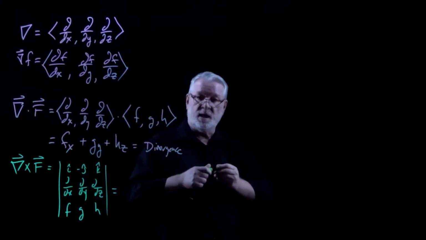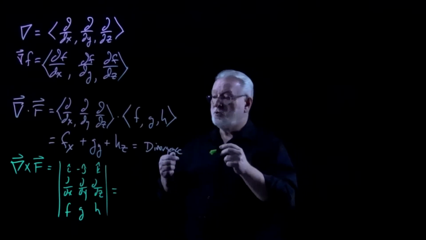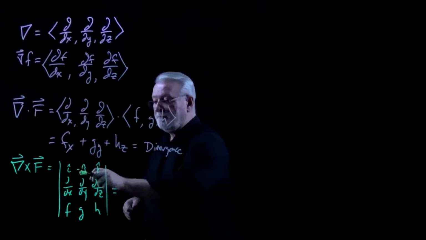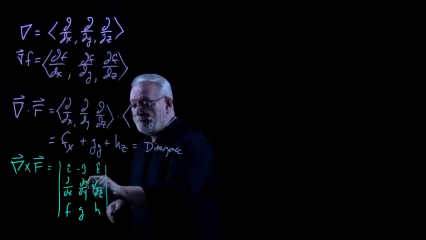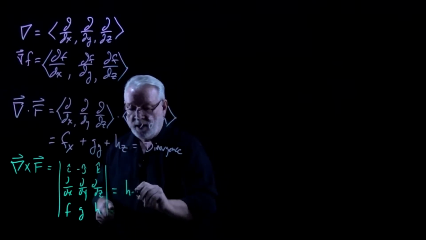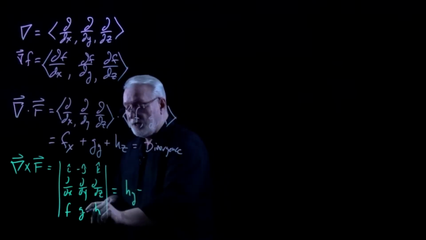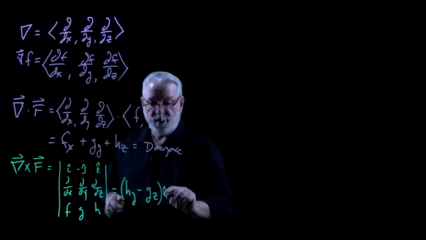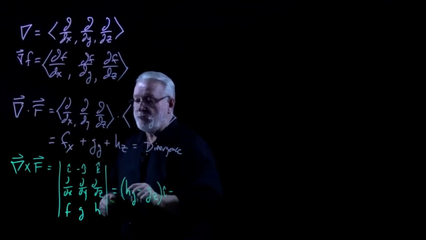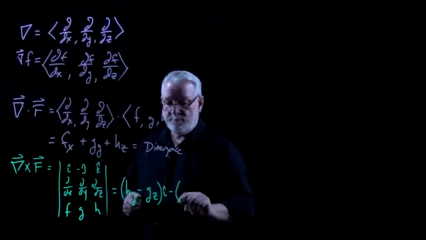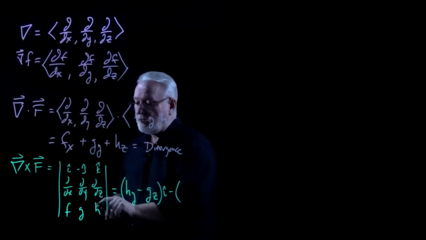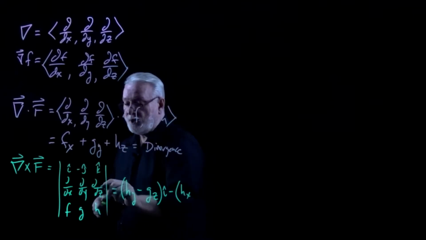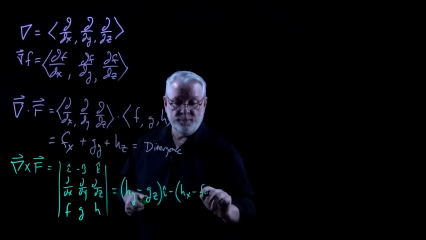And you can see as a result of calculating this cross product between these vectors, we will get the following sets of terms. When I block out the i row and column, I'm going to get partial y of h, h_y, minus the partial z of g, g_z, and those will be in the i hat direction. Minus, because we get an extra minus for the j hat. Block out the j hat row and column, and I'll get partial h with respect to x, minus the partial of f with respect to z.